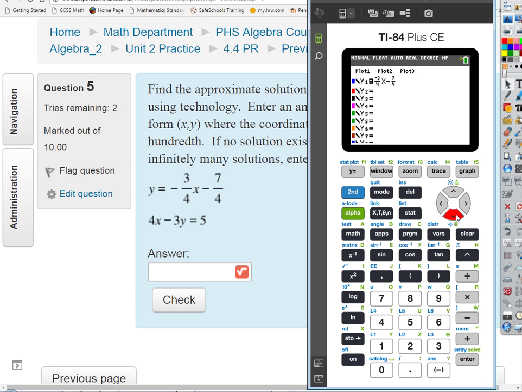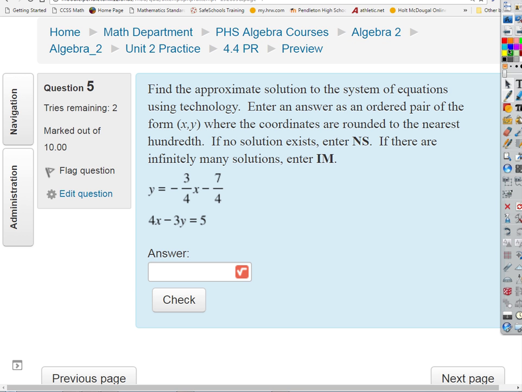And then what about the second one? Now let's look at what we have to do on this second one to get the y by itself. So what are the steps to get the y by itself? In order, I'm going to subtract 4x from both sides, or add negative 4x, same thing.